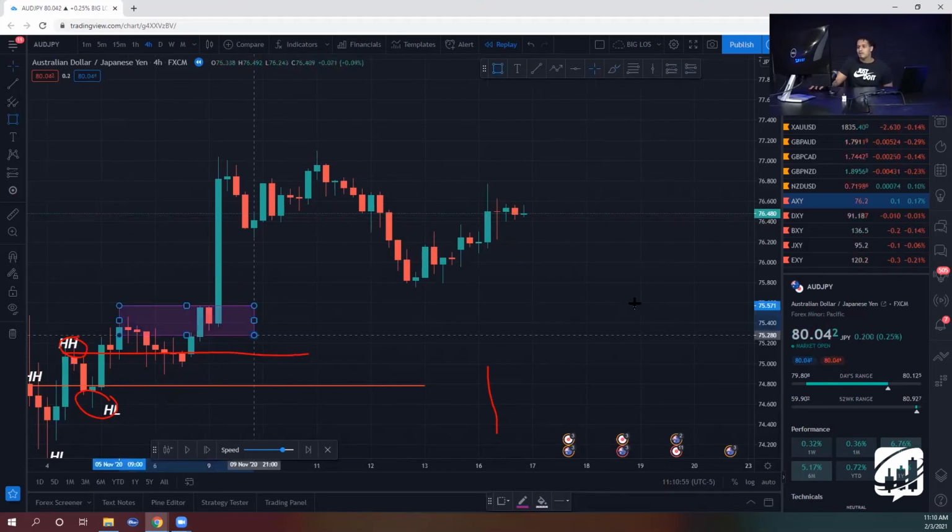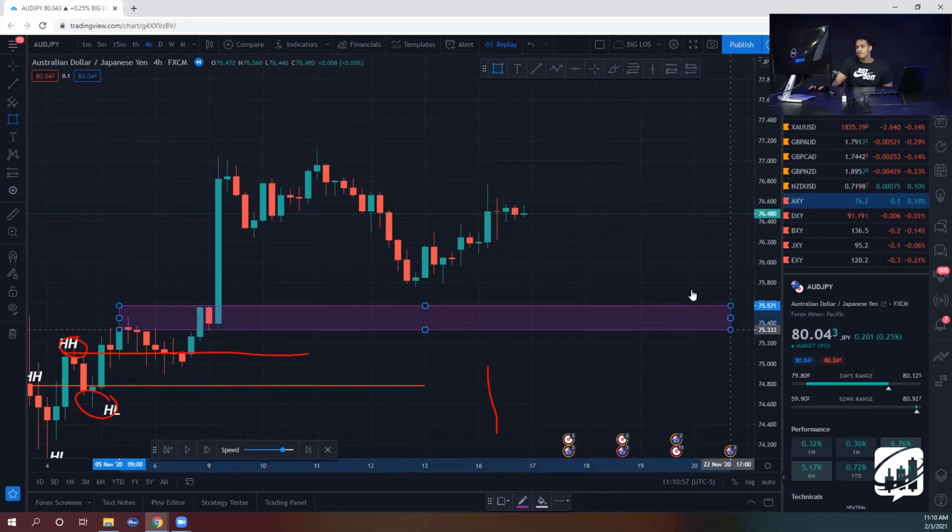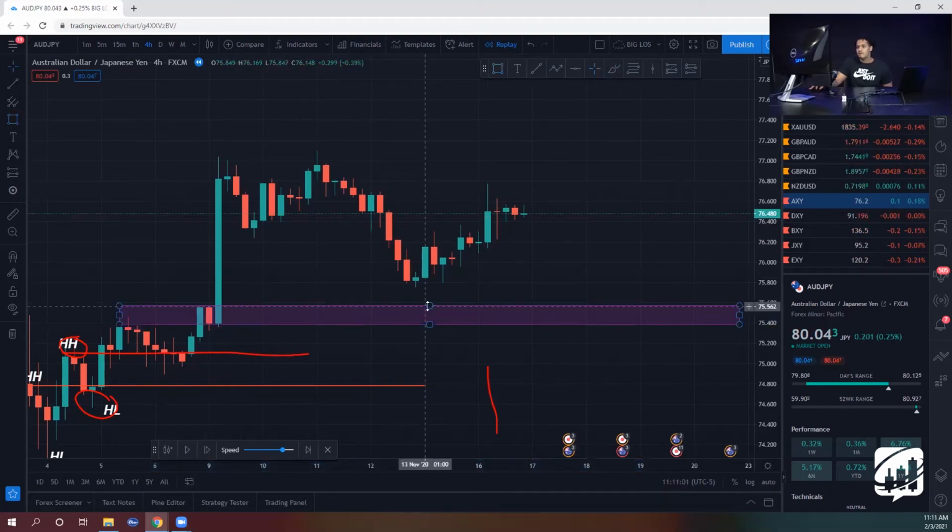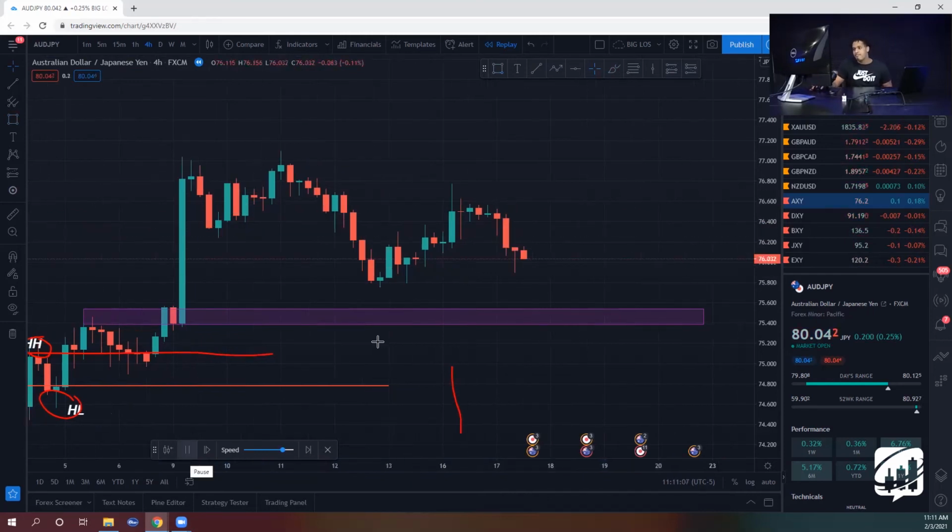Just gonna mark a box so I don't have to. So let's see if it comes down to retest this higher high. Like I told you, 80% of the time we're gonna get a retest.